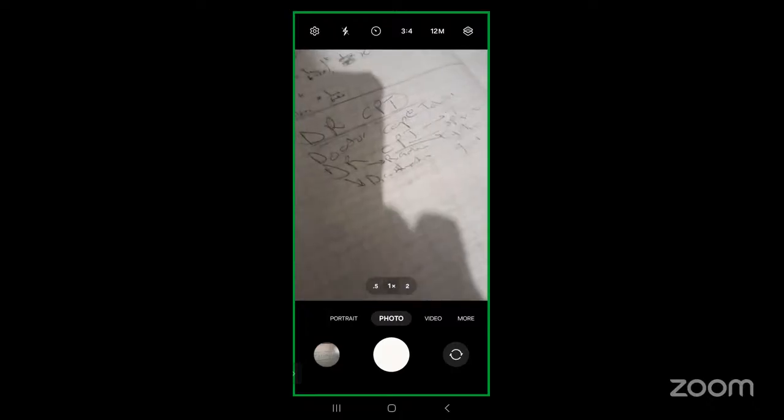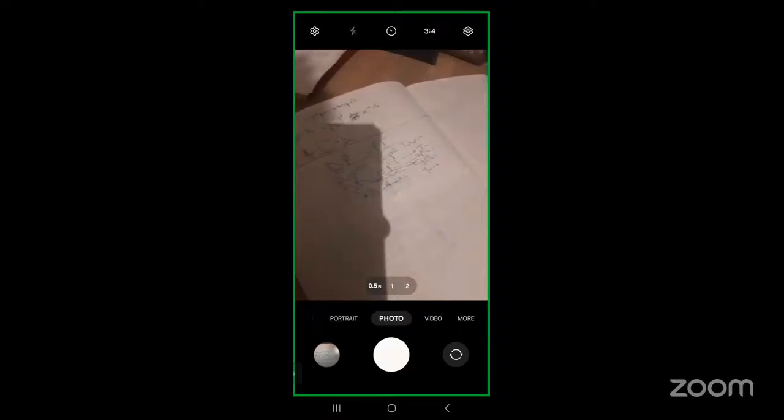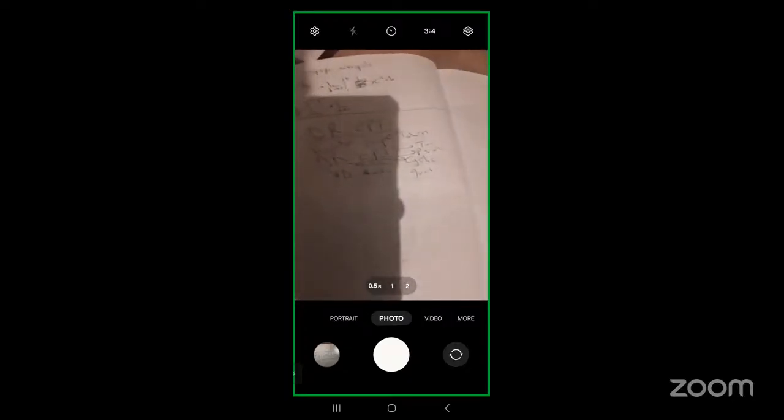I want to check if we can zoom out. Okay, it has zoomed out, but I'm curious to know if everyone is able to see. Can you all see? Yes, sir. It was better at 1.